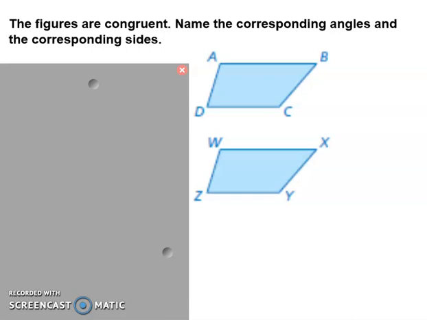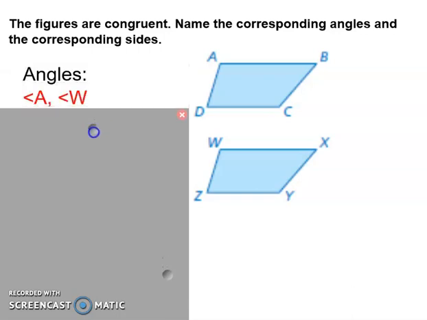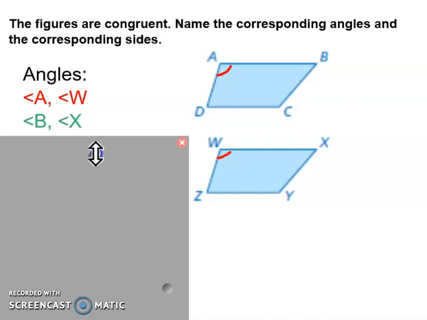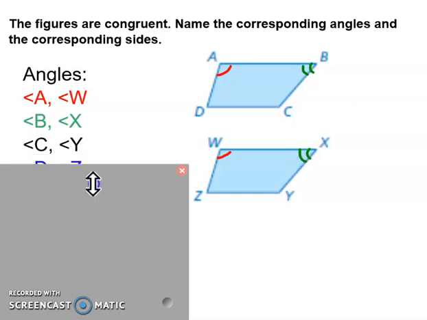So let's go through first. It says the corresponding angles. So I can say that A and W are corresponding. A and W. Notice how they both have 1 arc. I can say B and X, so 1, 2. I can say C and Y, 1, 2, 3.